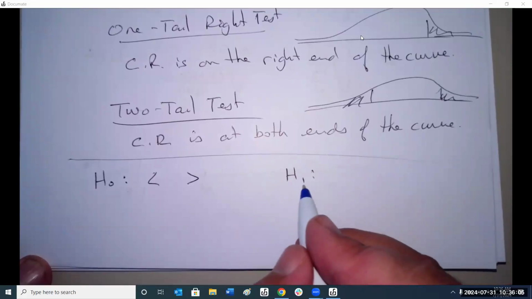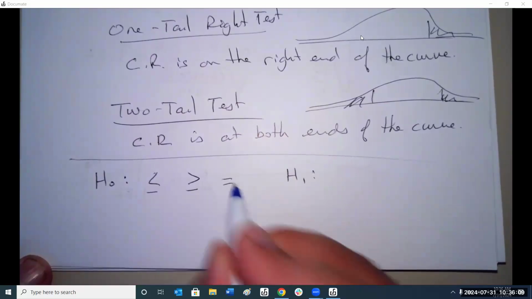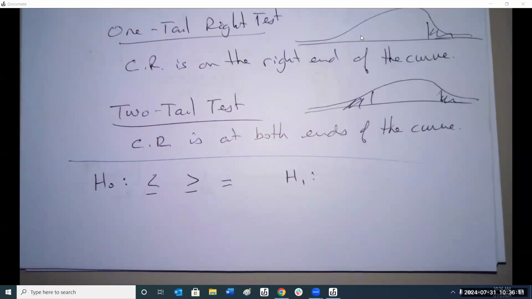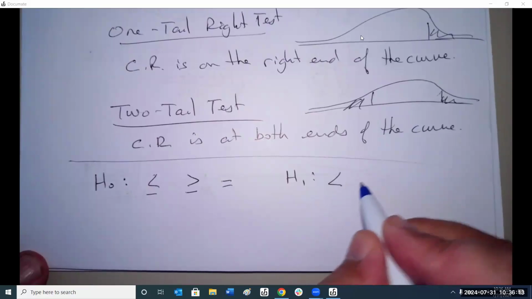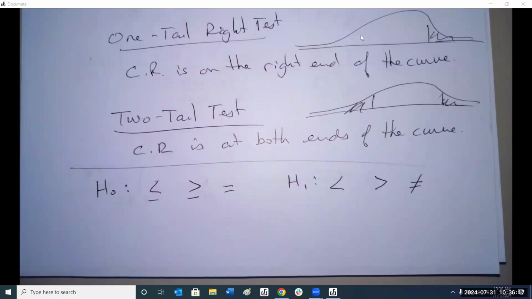You just define these because the null hypothesis has to be the equal side. Sorry, the alternate hypothesis uses these. Remember, it has to be strictly greater than, strictly less than, or strictly not equal to.